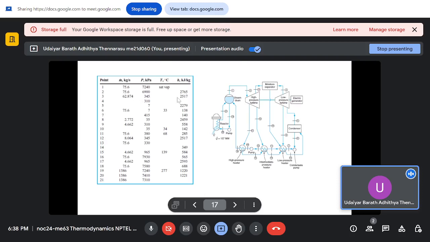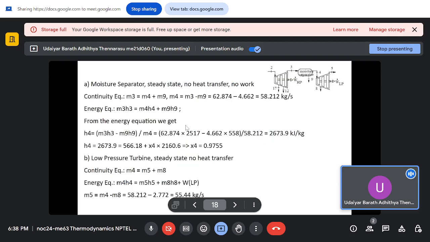The enthalpy at state 3 is 2517. At state 9, the mass is 4.662 and the enthalpy is 558. Substituting that, and the mass at state 4 we have already calculated, we get an enthalpy of 2673.9 kJ per kg.